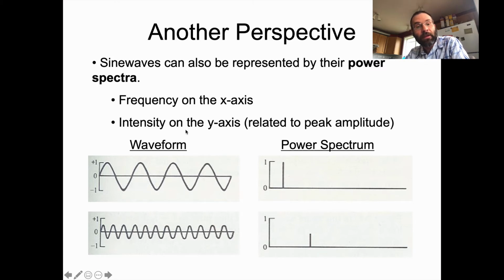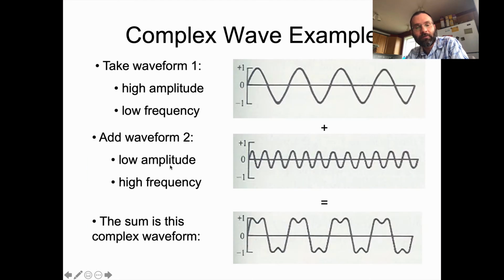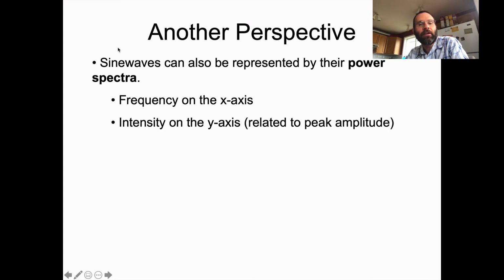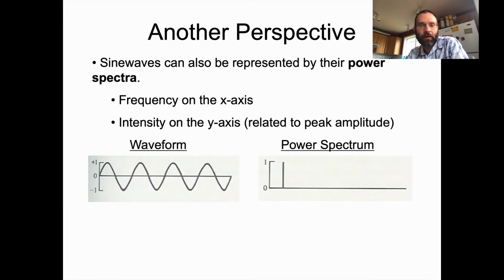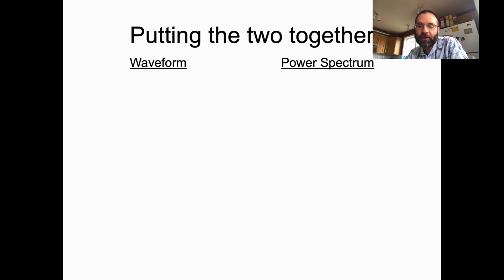What's fun about this is that when we did this bare bones complex wave example, we got lucky in that we were able to see the shapes of both waveform 1 and waveform 2. That's not always the case. In fact, that's not often the case. But when we add sine waves together and look at them in their power spectrum view, it becomes really obvious what's going on.